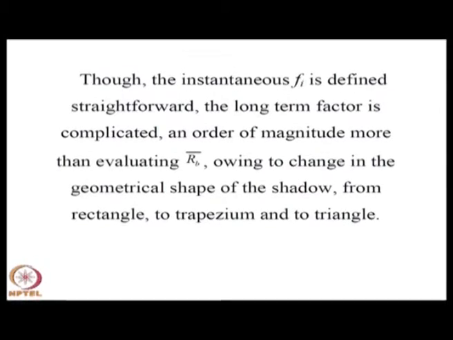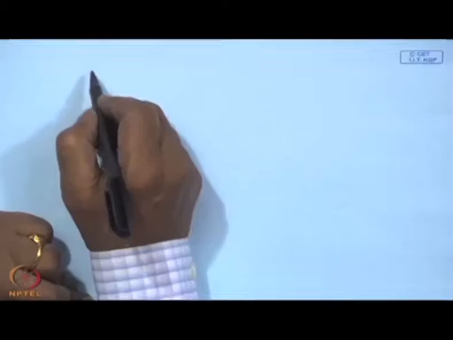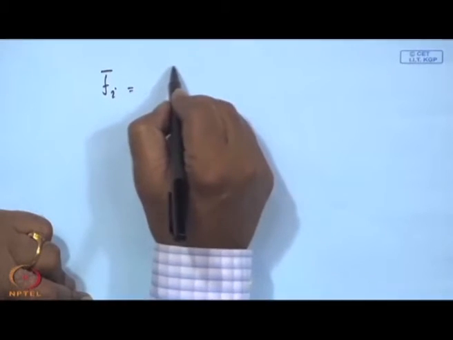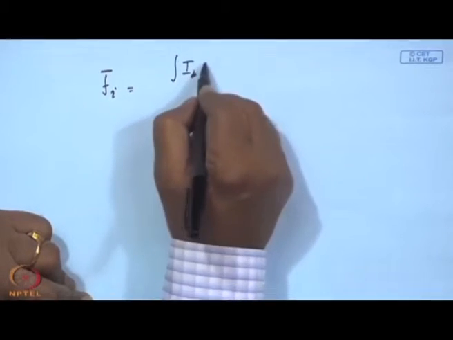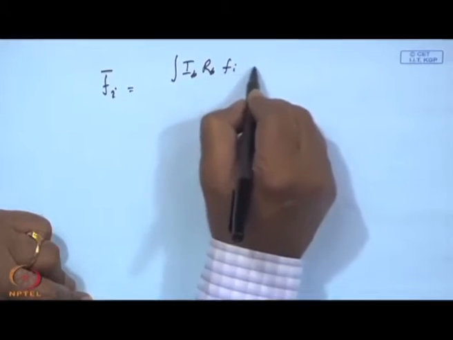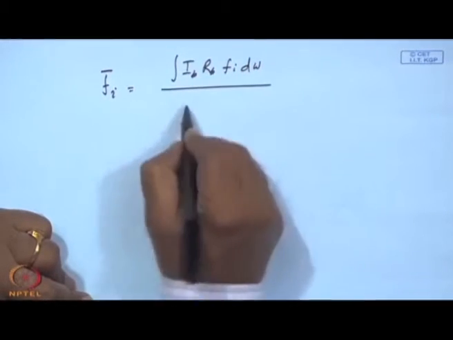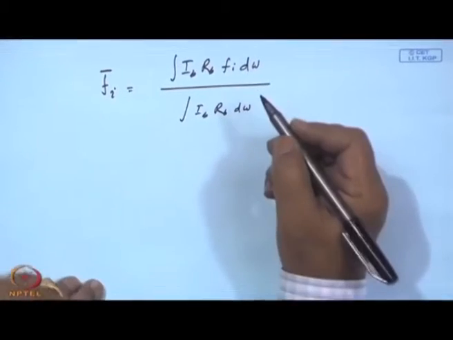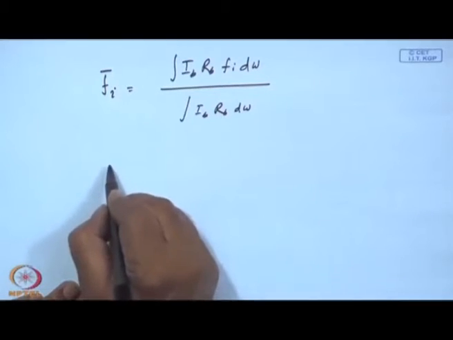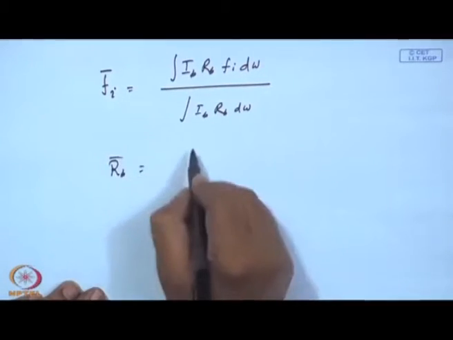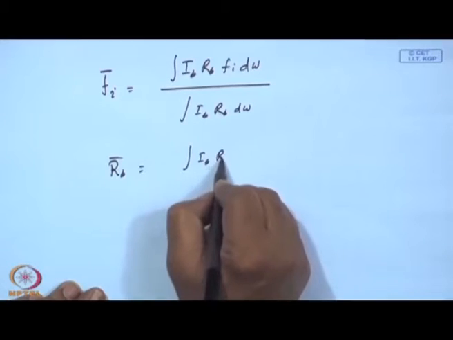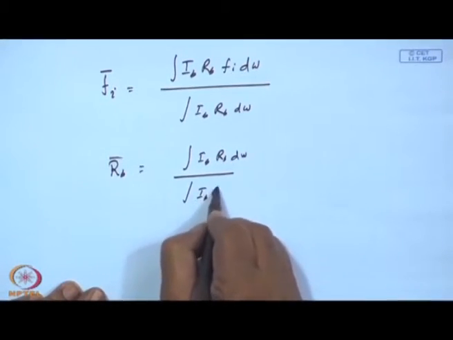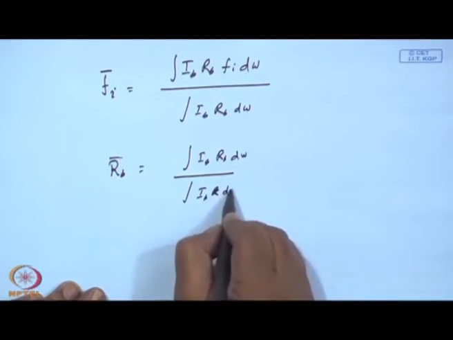So, if you want a long term value, you can always have Fi bar, the integral of I b r b Fi d omega upon the integral of I b r b d omega, just like we have defined R b bar as the integral of I b r b d omega by the integral of I b d omega.